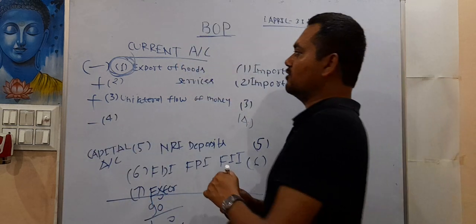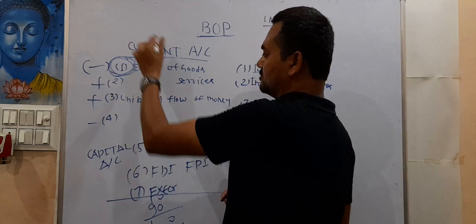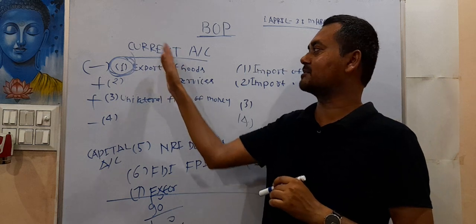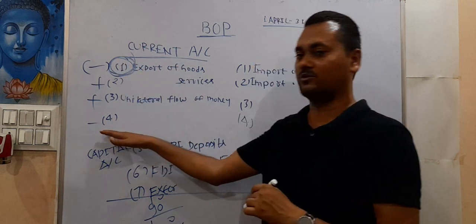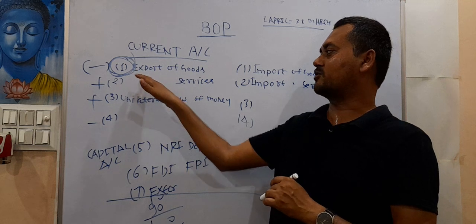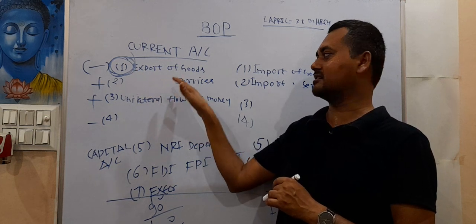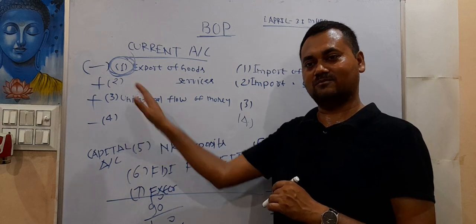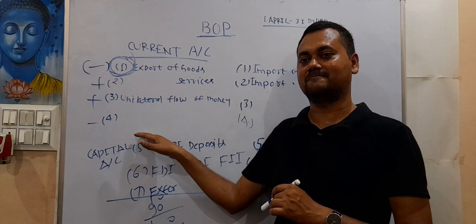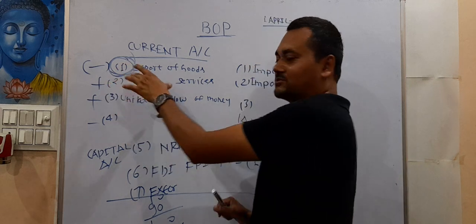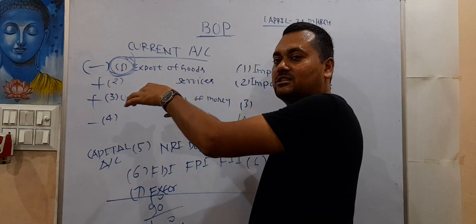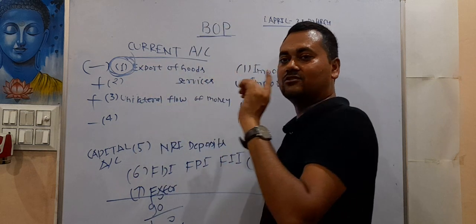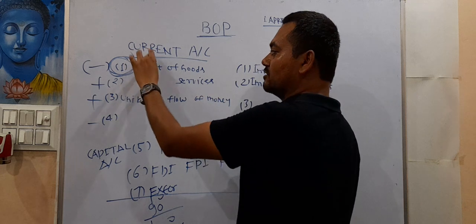But when I use the term current account deficit, it means all four components: export of services, goods, flow of income, and transfers. All these four components are treated together as the current account deficit. But if anyone says trade deficit, it means we are talking only about this one.